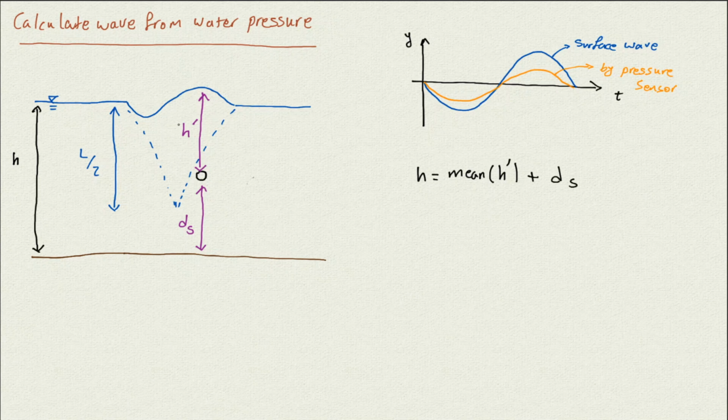So just know that if we average whatever the pressure sensor reads, converted of course to water depths, and add it with this distance that it has from the bed, it's going to give us the average water depths that we have here.